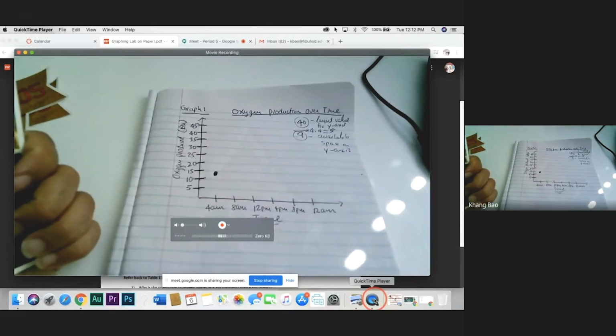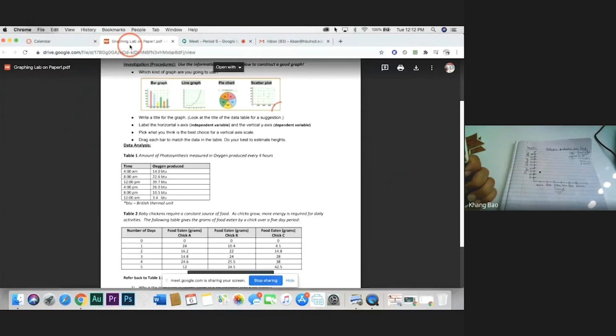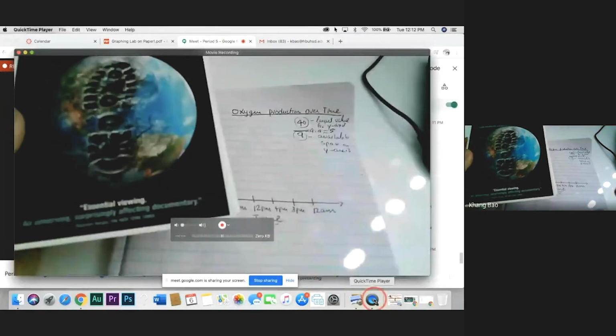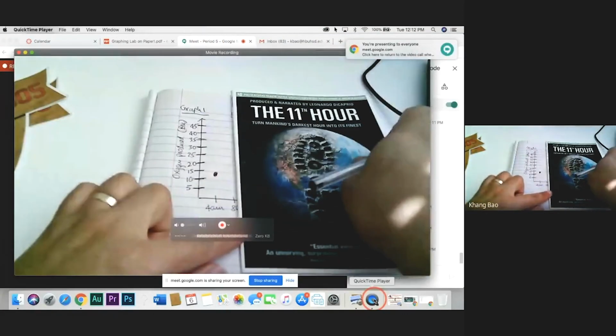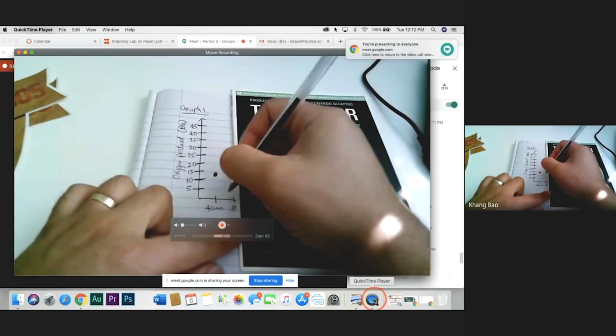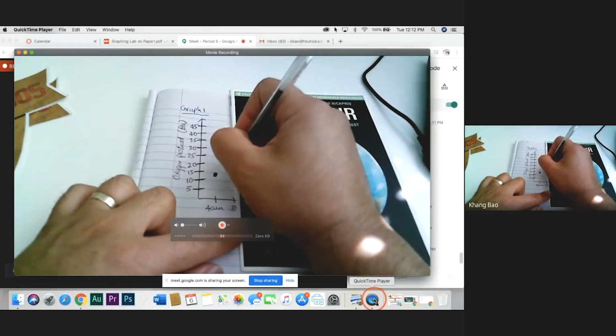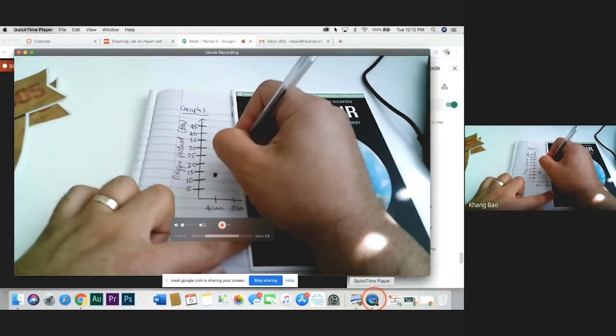Okay. At 8 a.m., 22.6. So 8 a.m. at 22.6. So I'm going to have 20, 25, somewhere between there. I'm going to put a dot here.